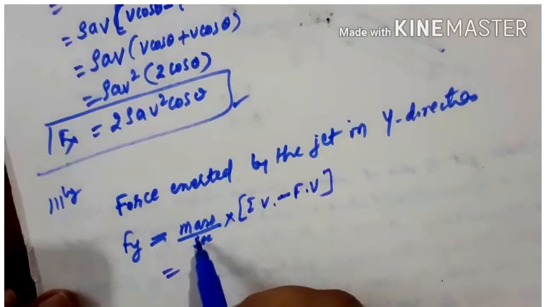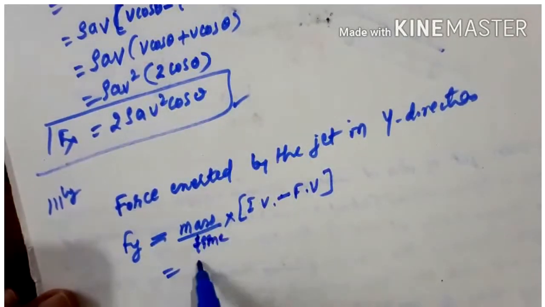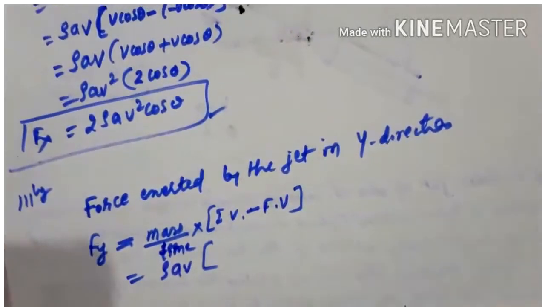Mass flow rate is mass by time, which is written as rho a v. So we take the initial velocity in the y direction.